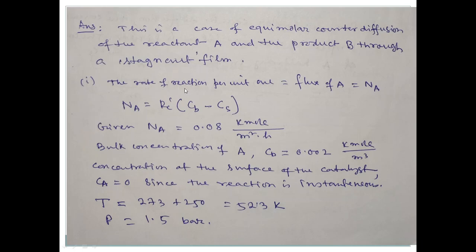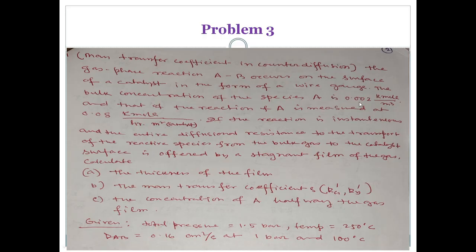The rate of reaction per unit area, that is the flux of A, NA equal to Kc dash into Cb minus Cs. NA is given, kilomole per meter square hour. Bulk concentration is this.